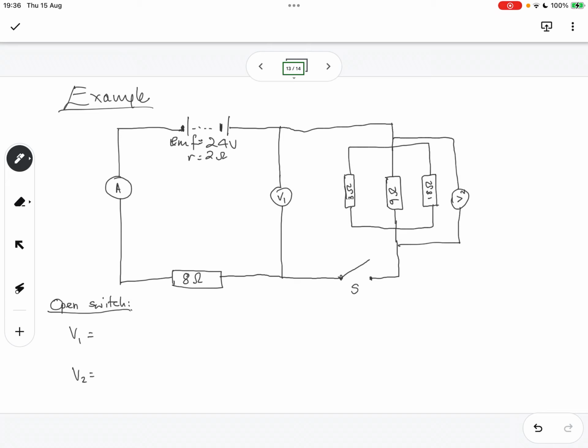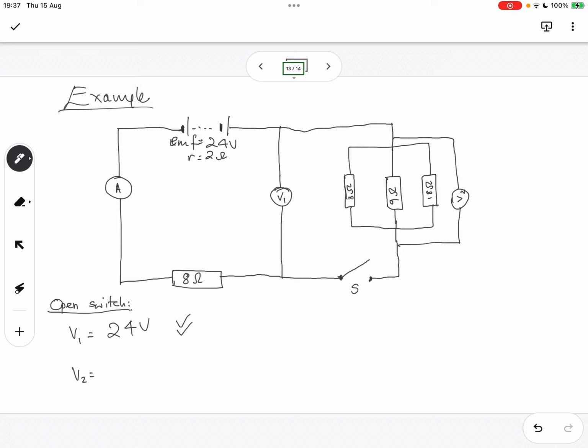I think maybe it could be 24. That's correct, because the voltmeter V1 is indeed connected across the terminals of the battery, so that would be correct. Yes, you're 100% correct.